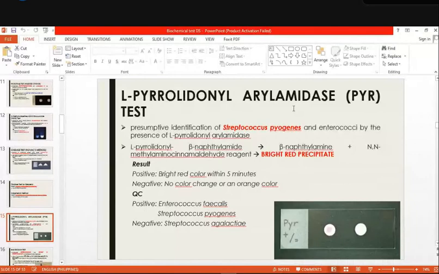Okay, PYR. Robert. Si Robert, nag-ano ko agad siya ng TMPP. Robert, good afternoon daw, sabi ni Ma'am Arlene. PYR test, Robert. Dave na lang, nawala si Robert.